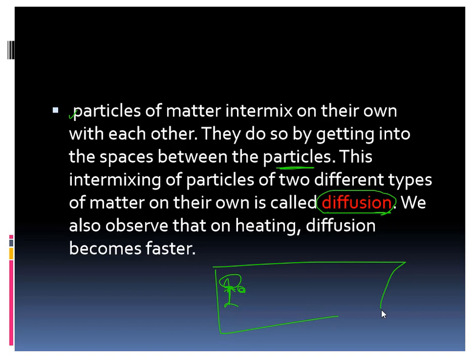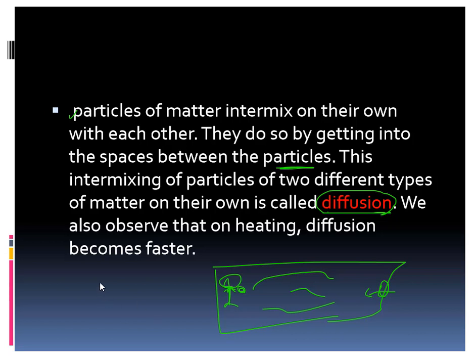But suppose your father or mother is coming through this door, they can also easily smell the perfume. How? Because the particles of the perfume started moving in all the directions. That is called diffusion. That means the particles are mixing with the particles of air.